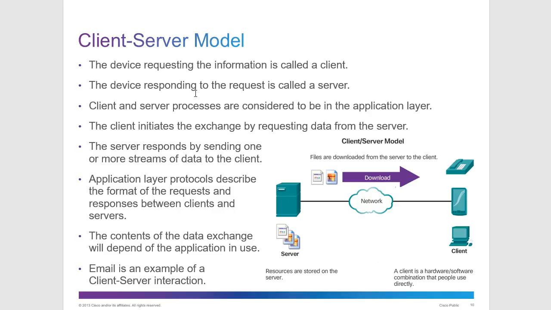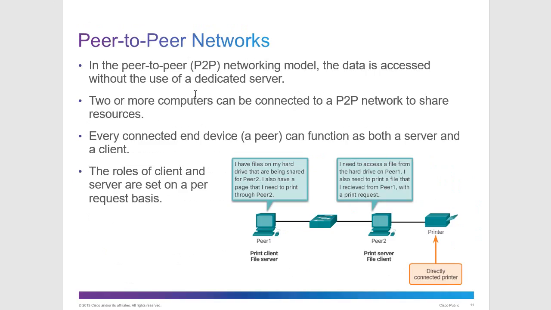Okay, so we've talked about the client-server model before, back in chapter 2 or 1, I forget which one. So I'm not really going to spend much time here on the client-server model. Peer-to-peer, we've discussed as well. In peer-to-peer, you don't have one device acting as the device that responds to requests for information and one device that's just requesting the information.